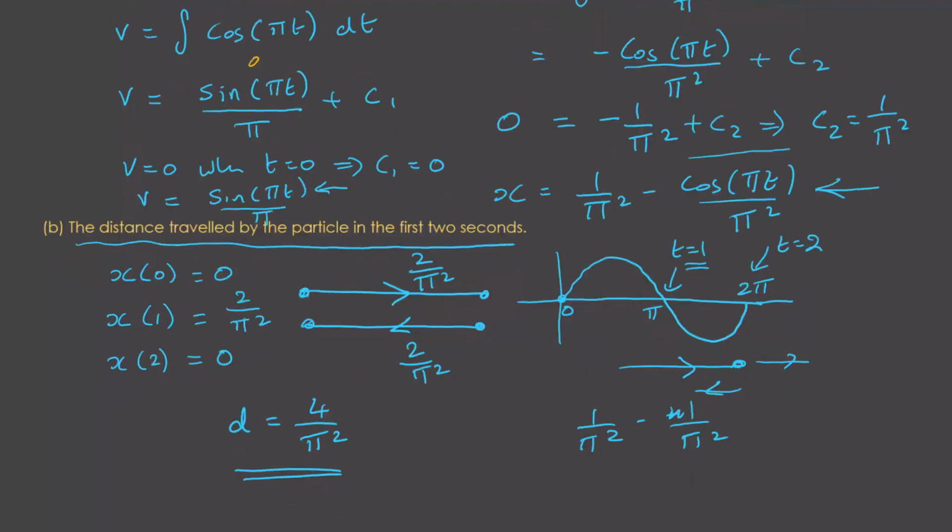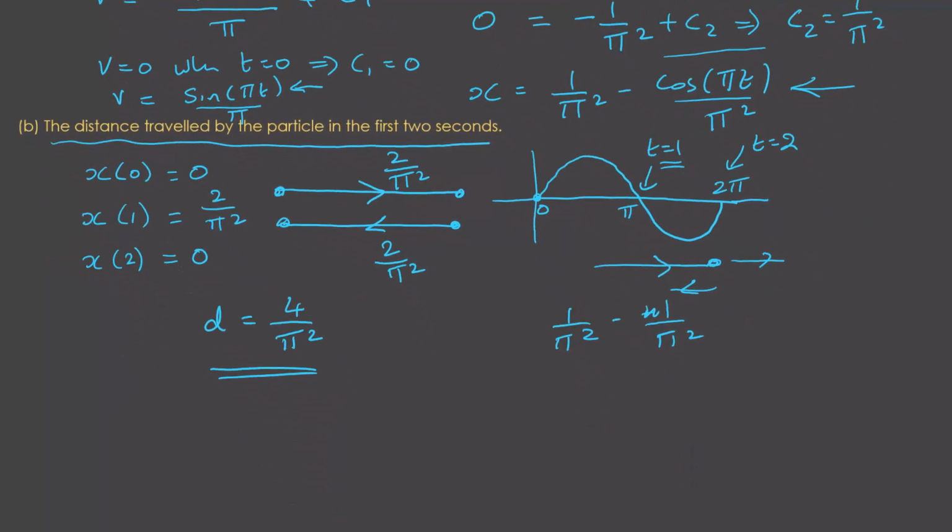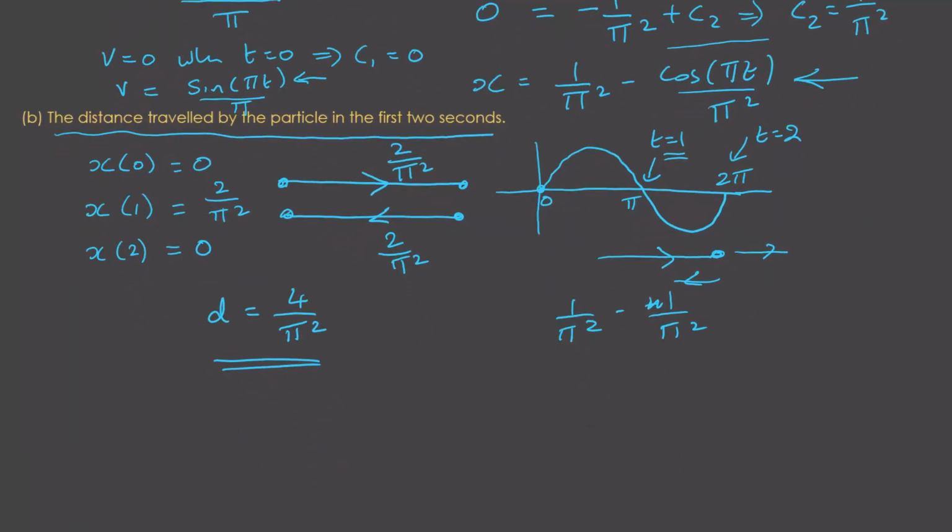Now there is a way on the calculator of doing this without having to do all of the analysis that we did down here. And once again, it involves the modulus function that we've met before. It also involves the idea of total change from rate of change.